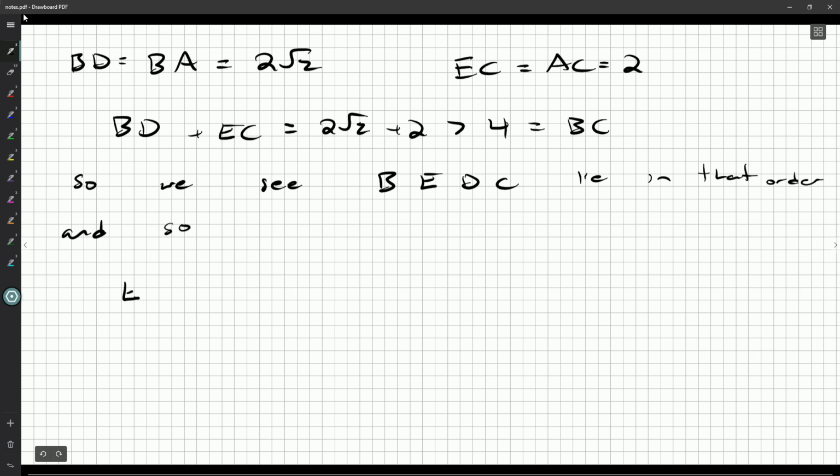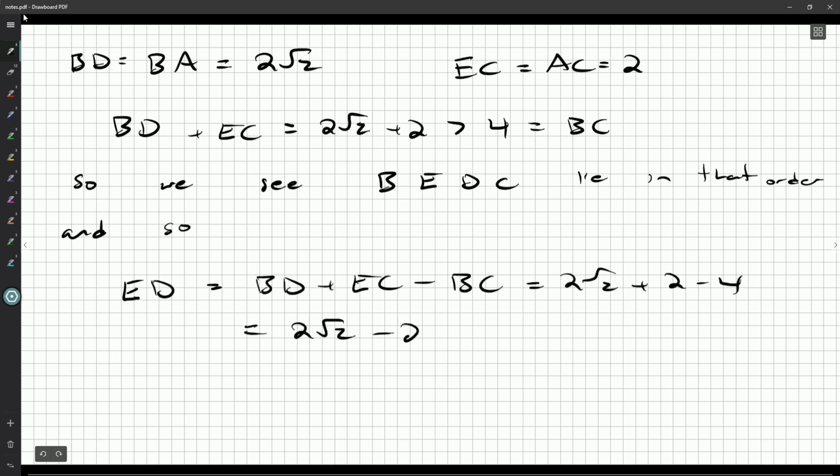So we see that ED is BD plus EC minus BC, which is 2 root 2 plus 2 minus 4, which is 2 root 2 minus 2. Okay.